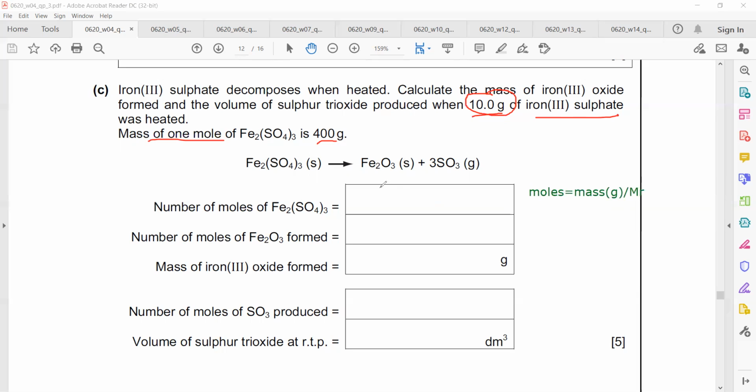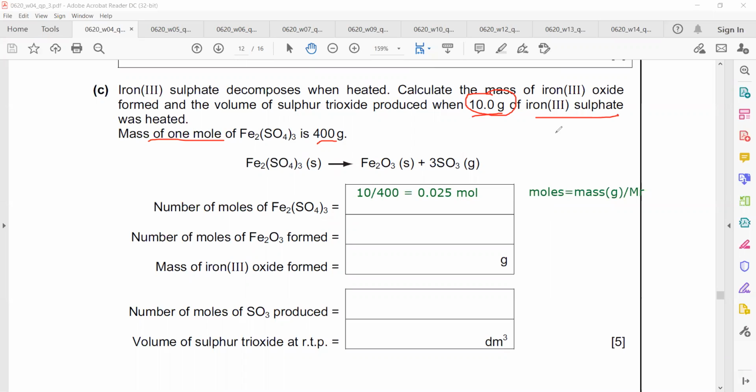So the mass in gram was 10, divided by the molar mass, which is given as 400. So 10 divided by 400 is equal to 0.025.